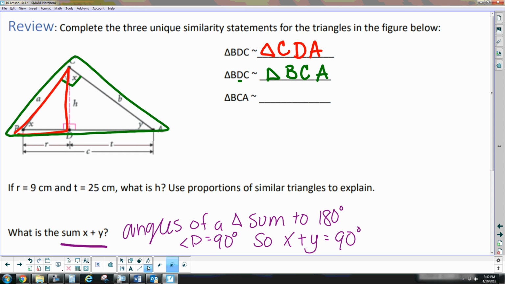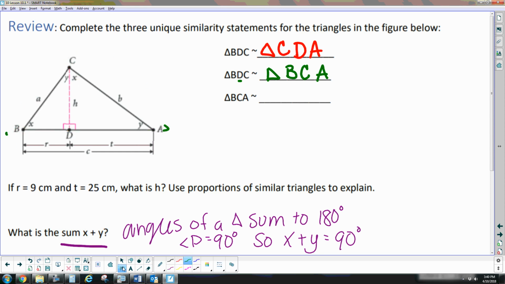Okay, and then our last similarity statement deals with the triangle on the right. Now we already said that this triangle and this triangle are similar. So let's write a similarity statement for the big one.